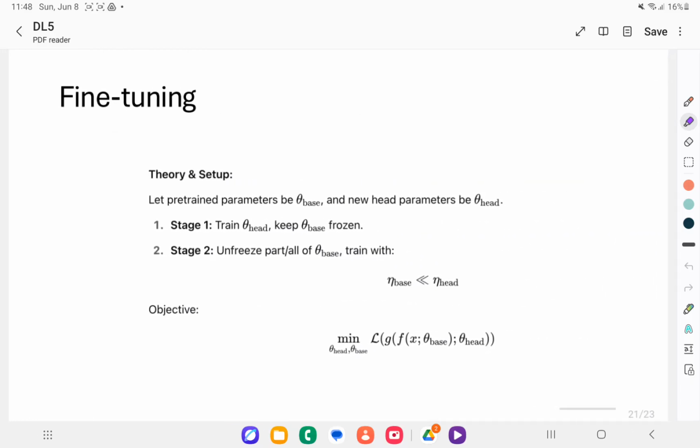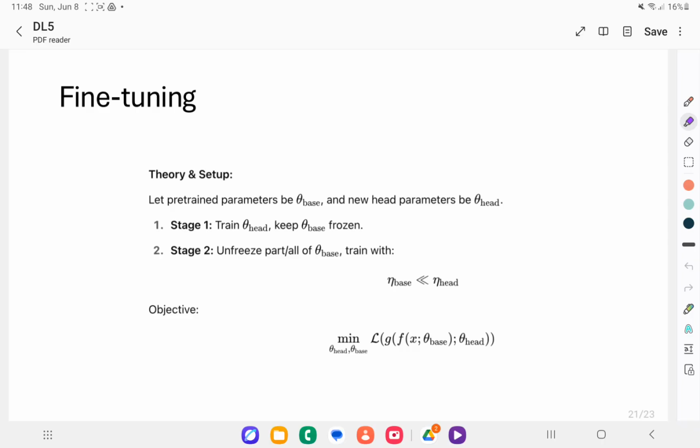On the other hand, we have fine-tuning. Once you've trained a new output head on top of a frozen pre-trained model, you may want to unlock more power by allowing the base model itself to adapt. That's what fine-tuning is about. You gradually update the pre-trained weights to fit your specific data. We do this carefully.